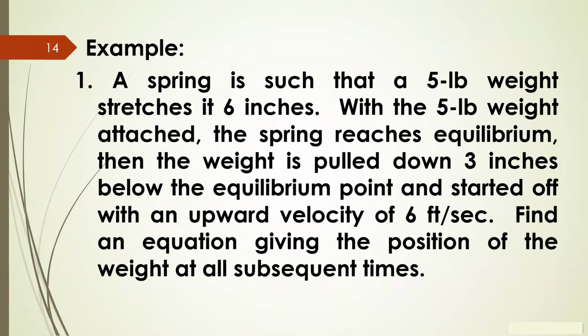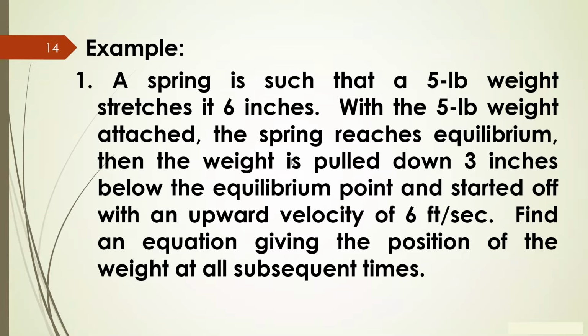So let's try. This one would be easy. You'll notice that this is already solved. I won't be writing anything because it's just applied to a real situation. So a spring is such that a 5-pound weight stretches it to 6 inches. With the 5-pound weight attached, the spring reaches equilibrium.